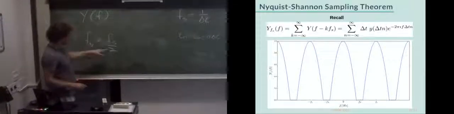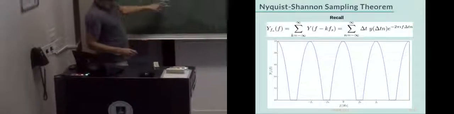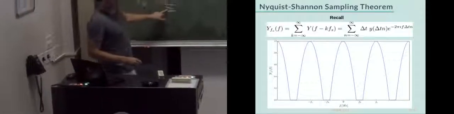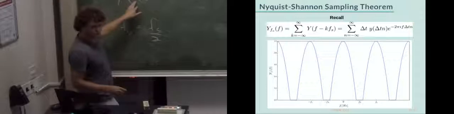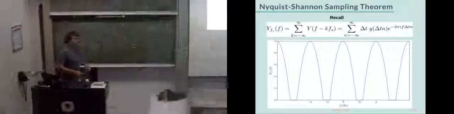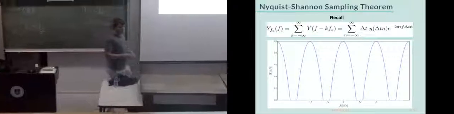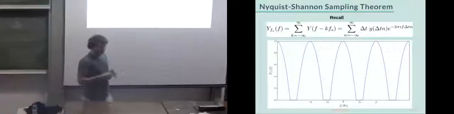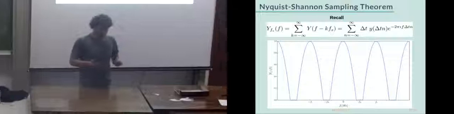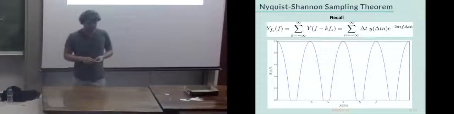If there are no frequencies greater than half the sampling frequency present in this spectrum here, then I should be able to recover the signal completely by just measuring its Fourier transform with the discrete Fourier transform.